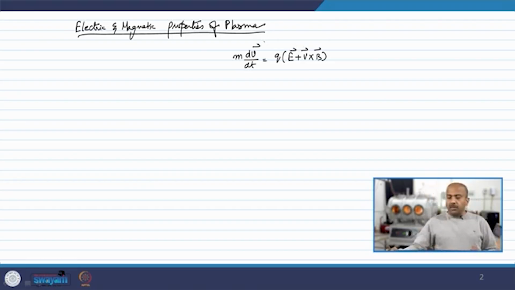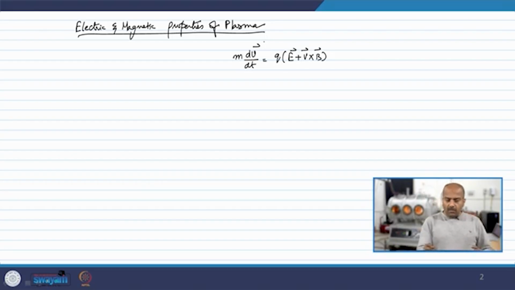Now, when we take plasma as a fluid, we are talking about a collection of many particles. Suppose all these particles in the plasma feel the same amount of force, they move in the same way, so that all of them have an average velocity v, which is the same as the individual particle velocity. So, the average velocity of all the particles is also the same.